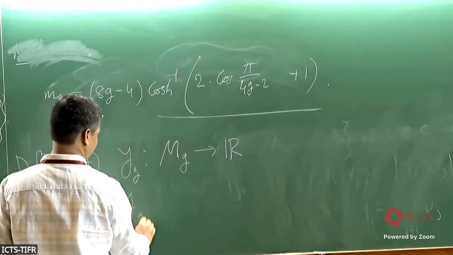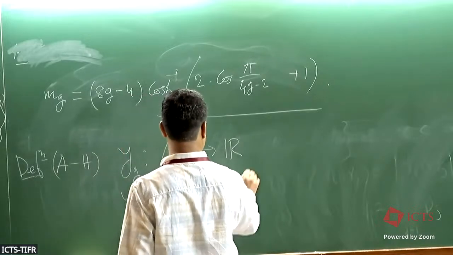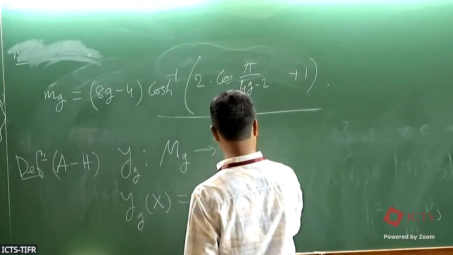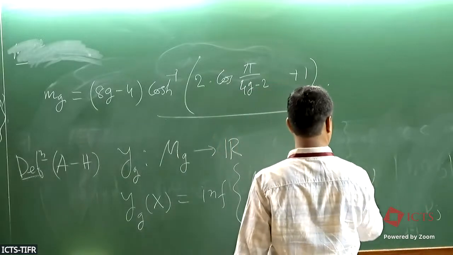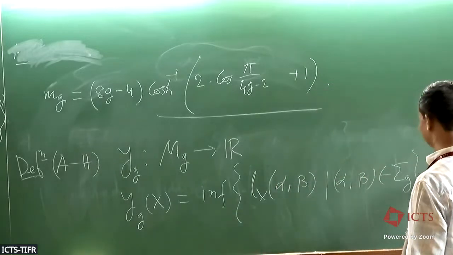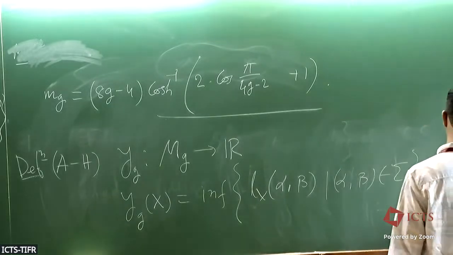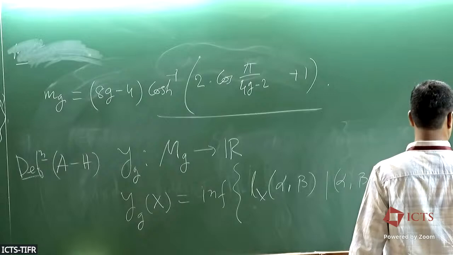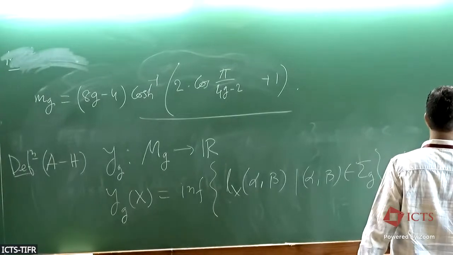So Y_g(X) is equal to the infimum of L_X(alpha, beta) such that (alpha, beta) belongs to Sigma_g, and this is called the filling pair systole function.